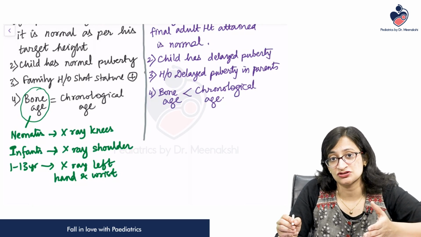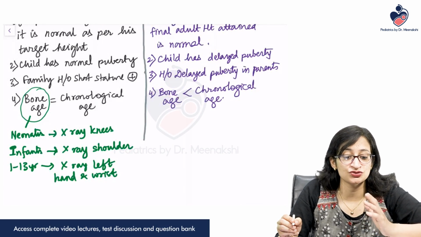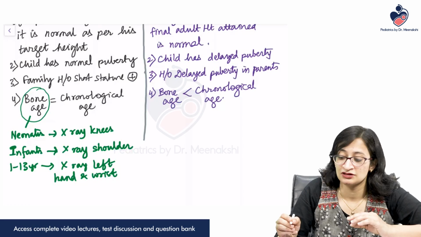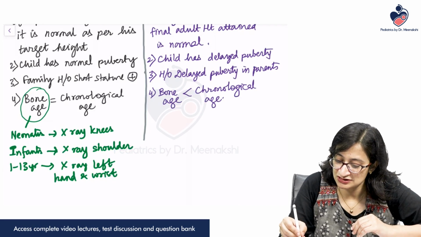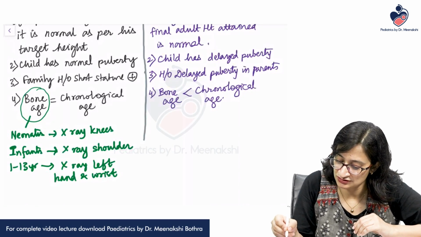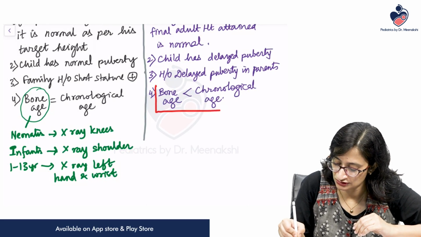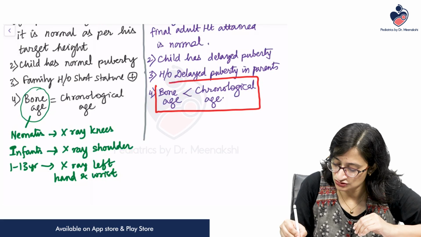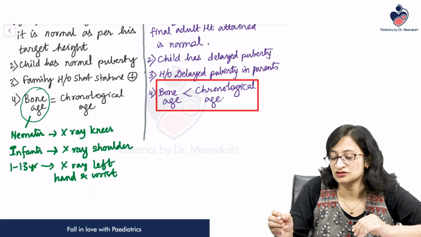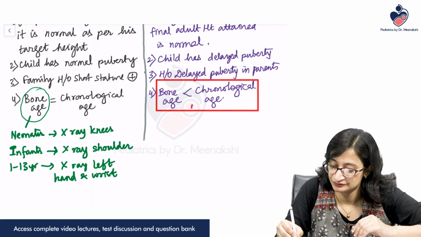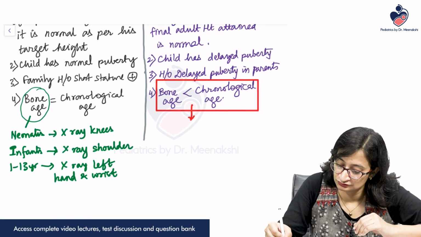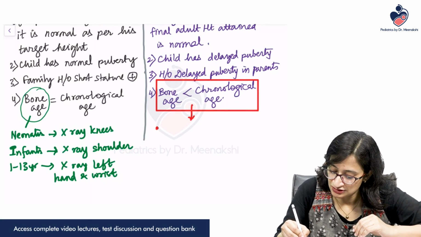So these are the various X-rays that you use at different time points to know the bone age of a child. Now, bone age is less than the chronological age here. In certain other scenarios also, you can get bone age less than the chronological age. So, what are the conditions? Let us see. One we said is CDGP.